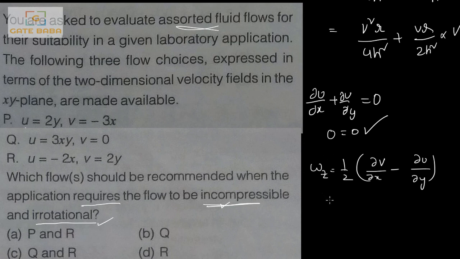If it comes 0, the fluid is irrotational. If it comes some value, the fluid is rotational. So he is asking to choose the irrotational fluid.